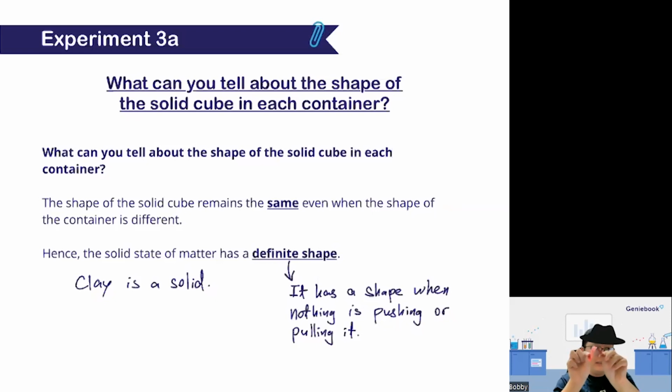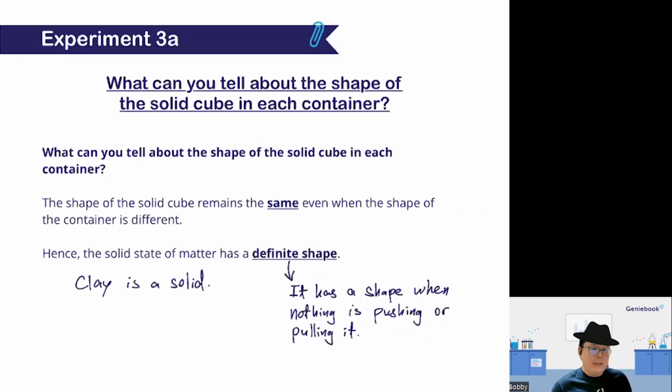So although the packet itself is solid, I just add a bit of force, I just push it down, the shape will change. But if I just hold it there like this, it has a shape. So this means it has a definite shape. The shape will change because I am the one pushing it down. I'm putting some strength on it. So do take note of that.